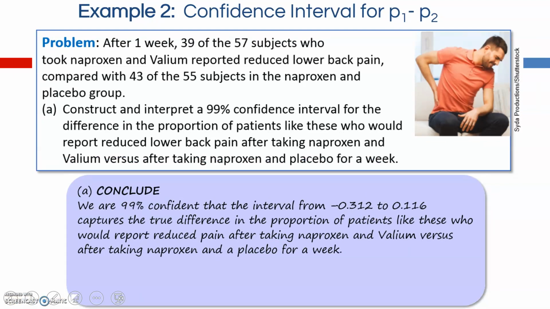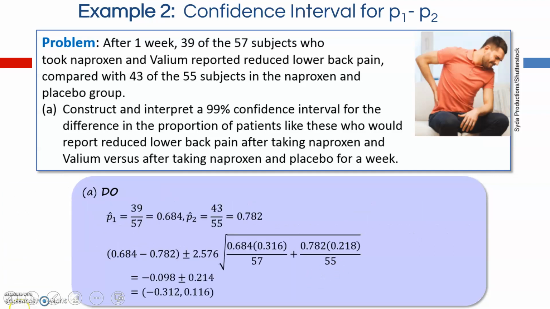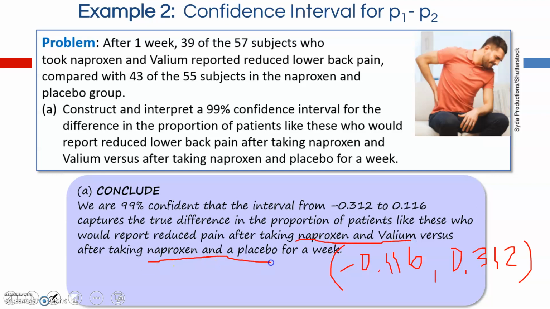Now the answer could also be written, it depends on the way the question is asked, but if you were to write this answer out, sorry about that guys, my computer's not cooperating here. Now if you wrote the answer in this form, with the negative in front of 0.116 and 0.32, that would be equivalent to reversing the naproxen and Valium group and the naproxen and placebo group.